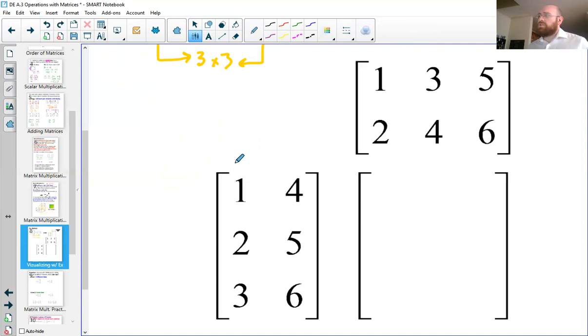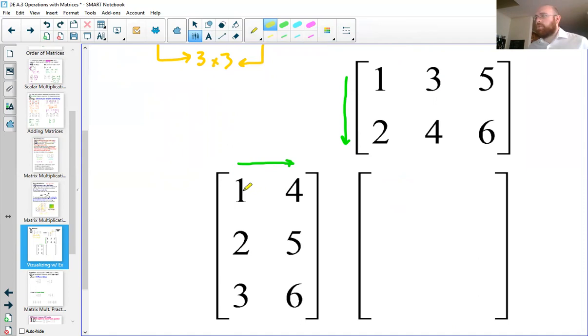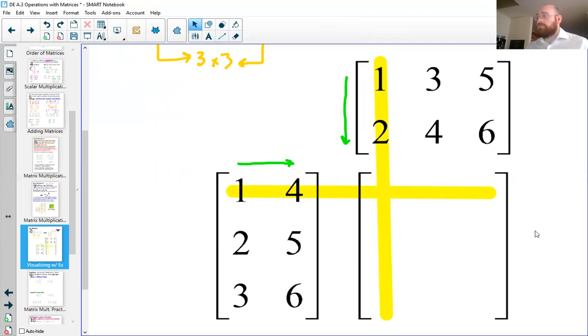So we always start from the outside going to the inside. If I draw a line through the first row and then the line through the first column, where these lines meet is where the product goes.